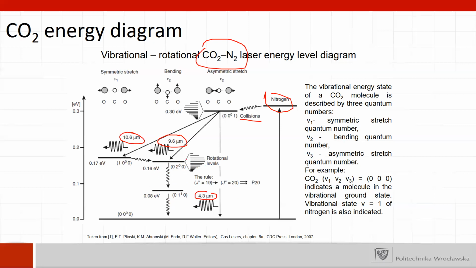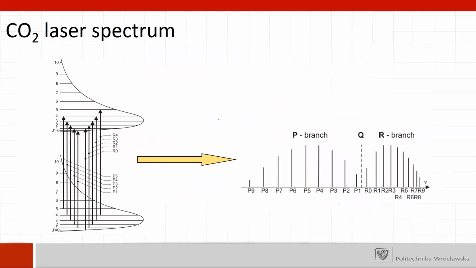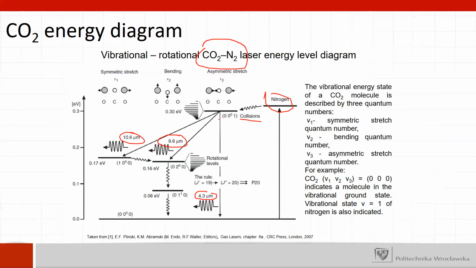So this is also a 4-level system, and the spectrum that is generated by a CO2 laser is a consequence of this energy diagram, because these levels here, as you can see, are plotted as one line, but actually this is not one level, but a group of levels.